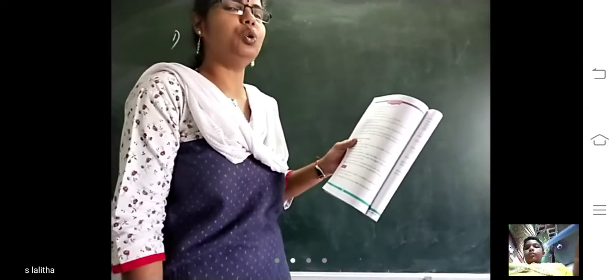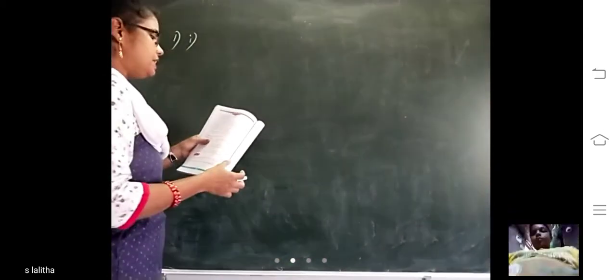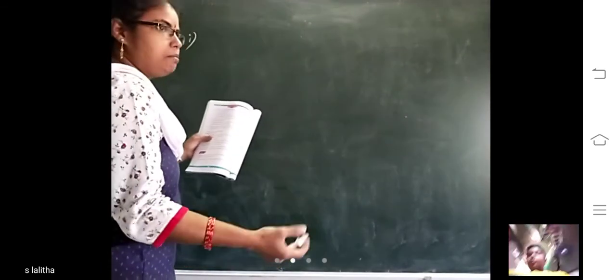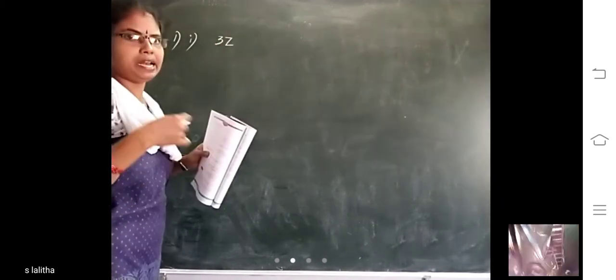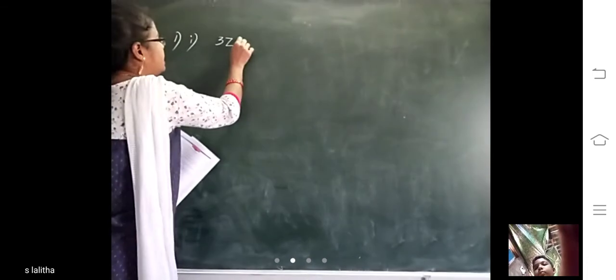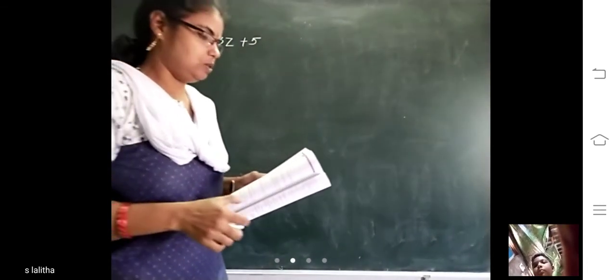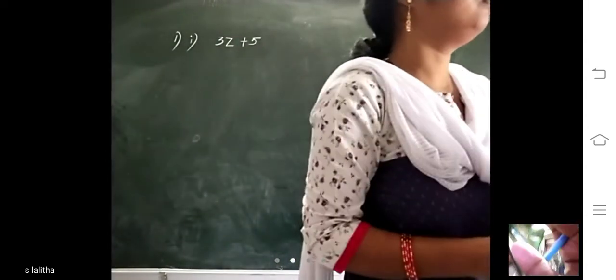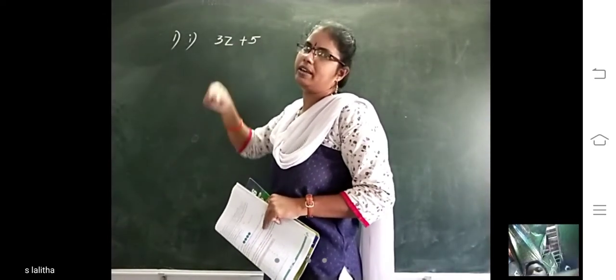You have to write it as an expression. 3 times z means 3z, and added 5. That means 3z plus 5. Okay. Right.